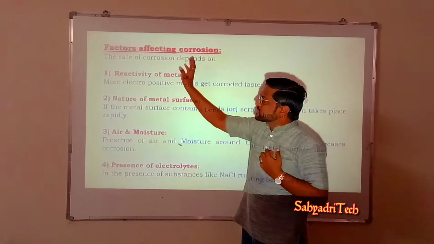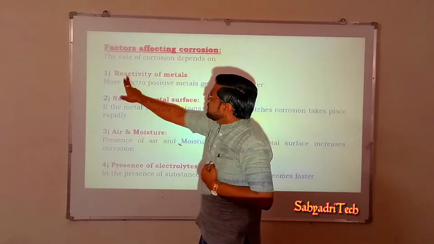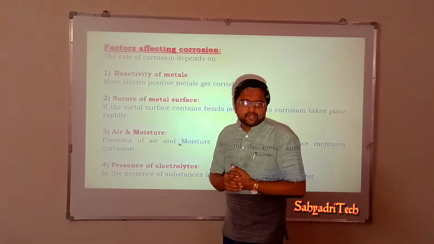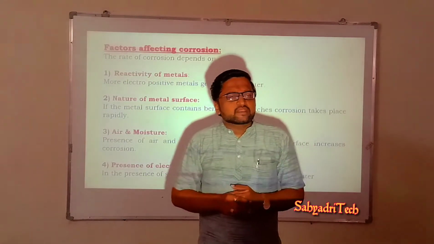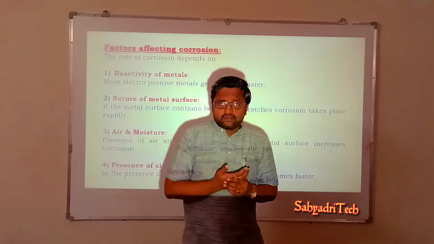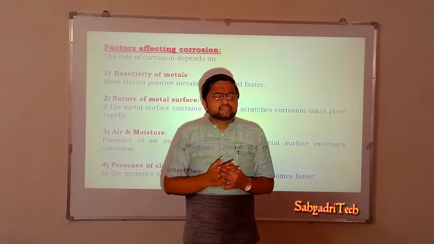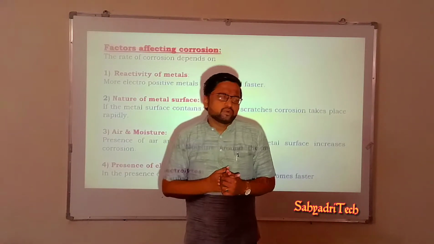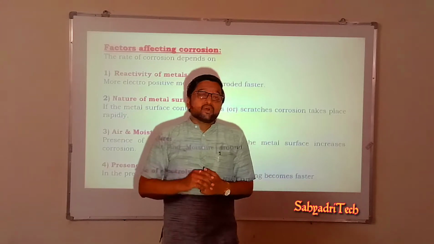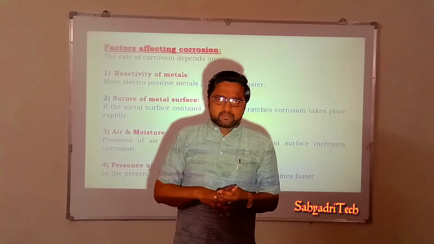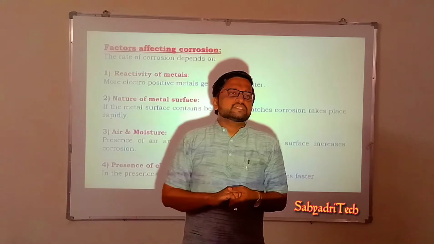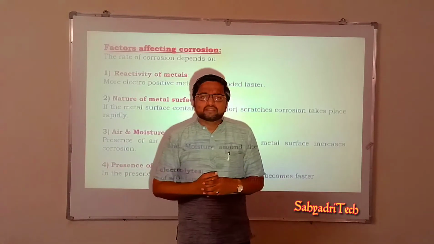The rate of corrosion depends on, first, the reactivity of metals. We know that metals are not equally reactive. Some metals are highly reactive, some are least reactive, and some are moderately reactive. Overall metals are reactive, but the reactivity differs.